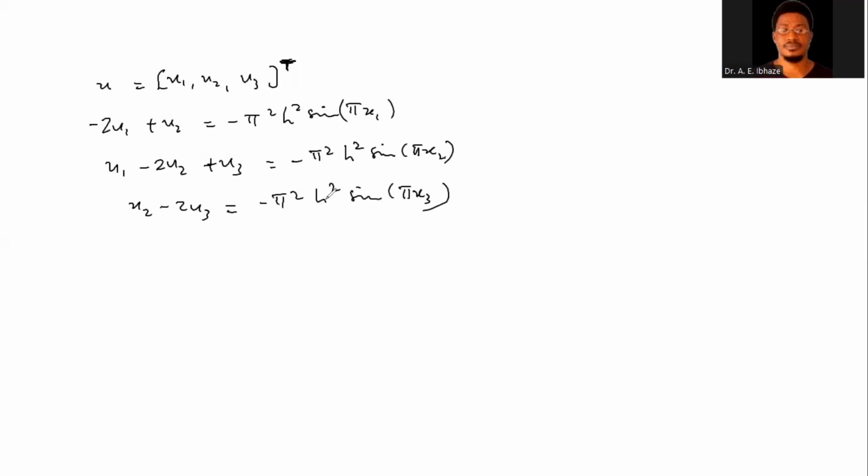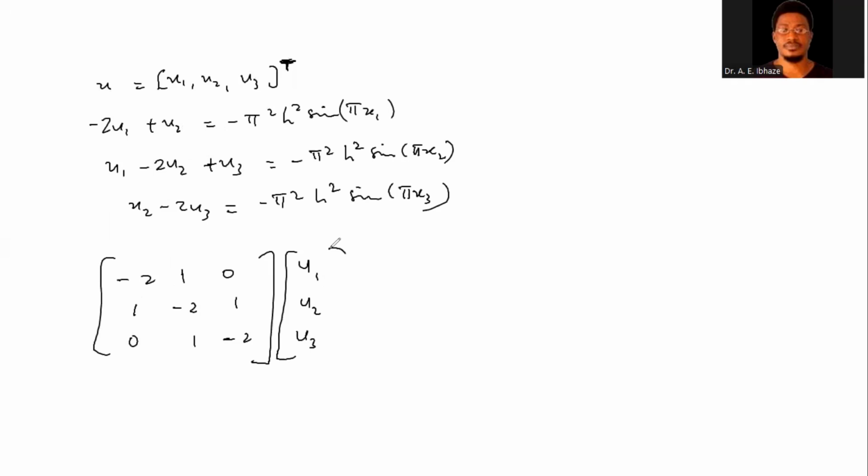So here we can now put up the system of equations where we now have negative 2, that's then 1, then u3 in this case is 0 for the first equation. Then here the coefficients are 1, minus 2, 1. And here if u1 is 0, then u2 is 1, minus 2. So we have u1, u2, u3, which will now be the same.